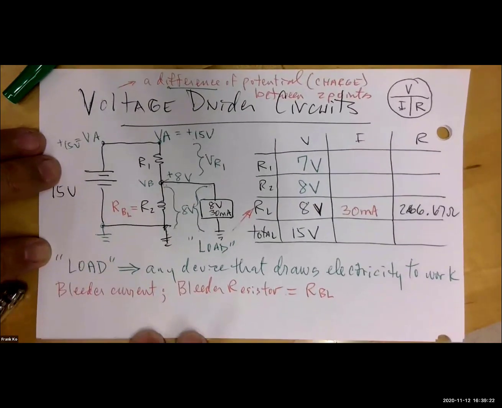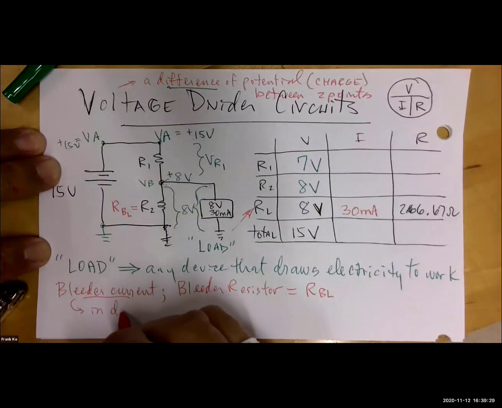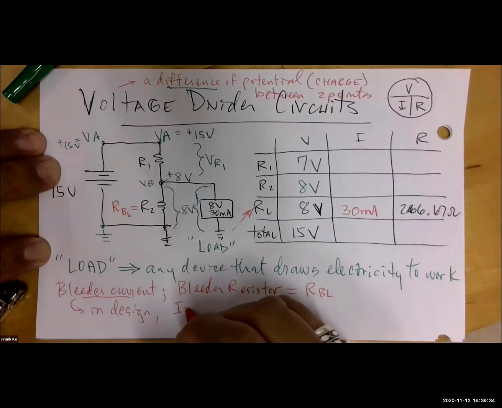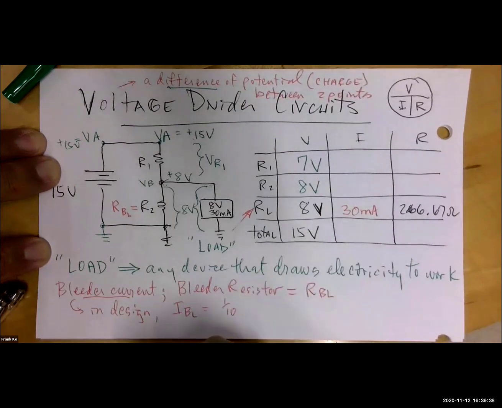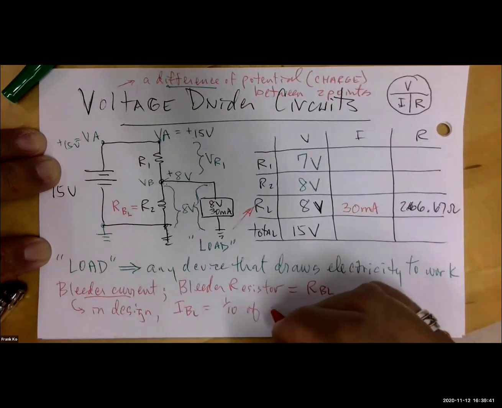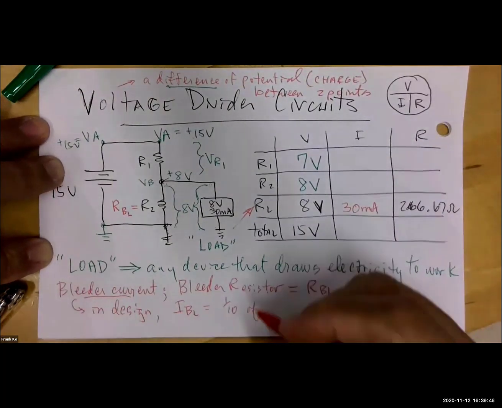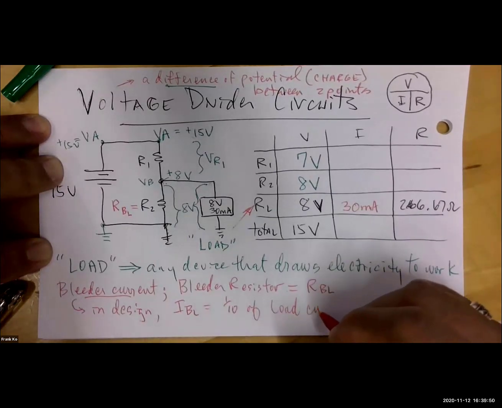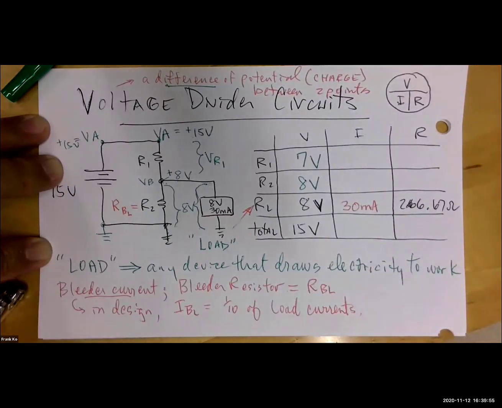Once we identify the bleeder resistor, then bleeder current, in design, your I bleeder is equal to 1/10 of your load currents. 1/10 of your load currents.